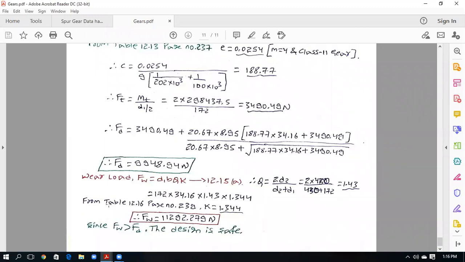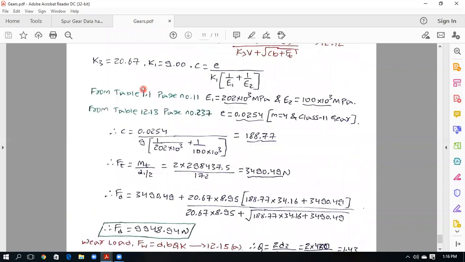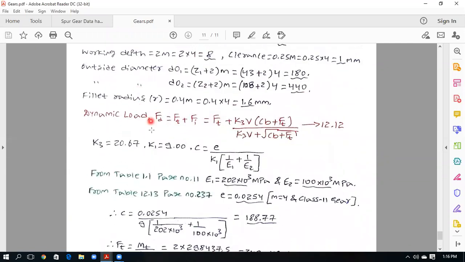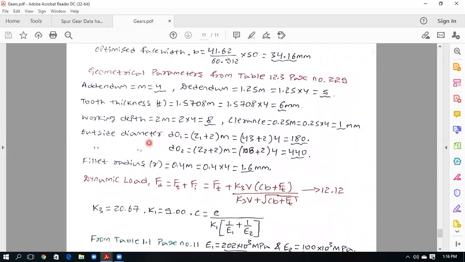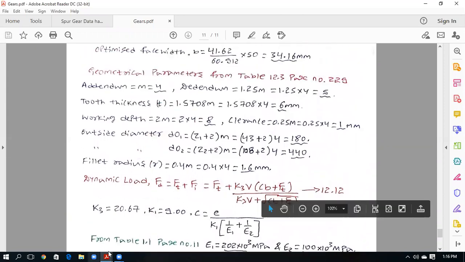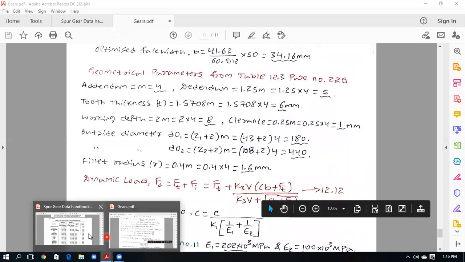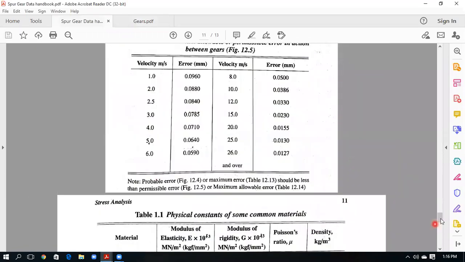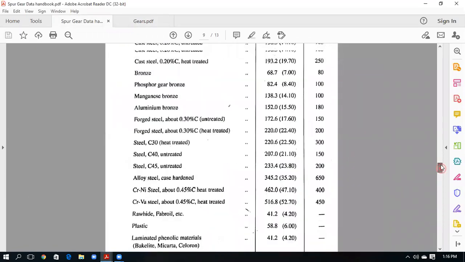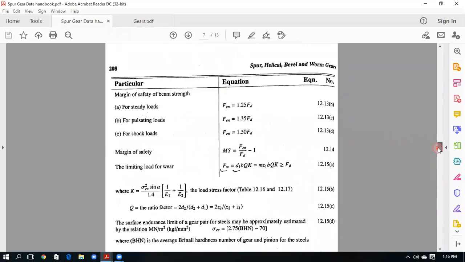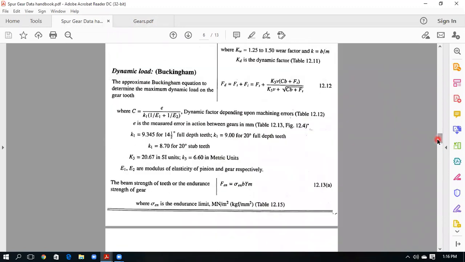Sir, got it. Sir, how is K taken as 12.5? That is the constant. You have to assume it as 12.5. If it is not given, and usually it will not be given, in all the cases you need to assume that. The formula for K is also there in the equation.